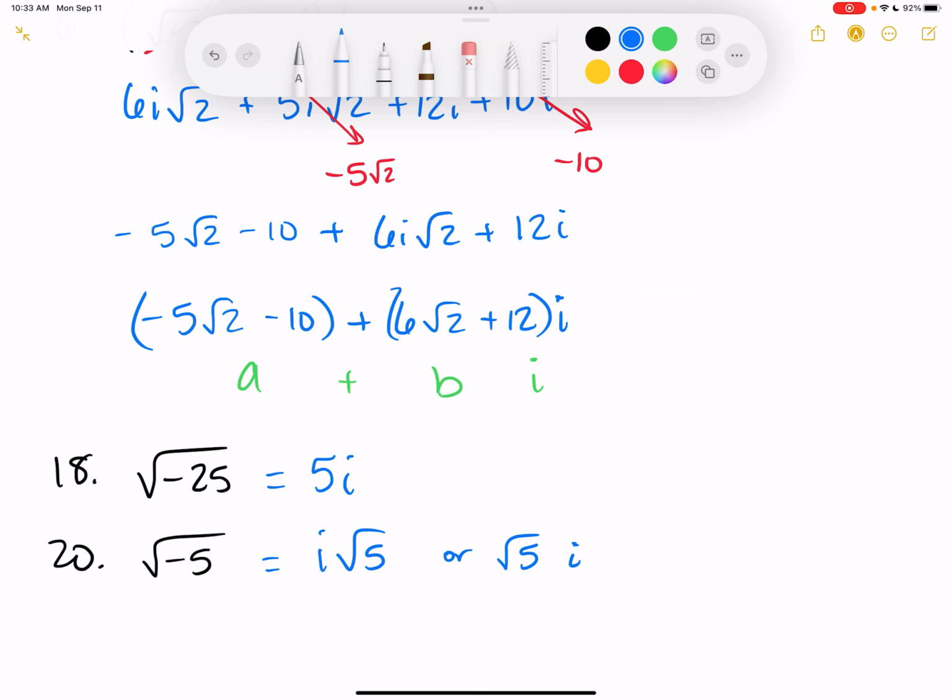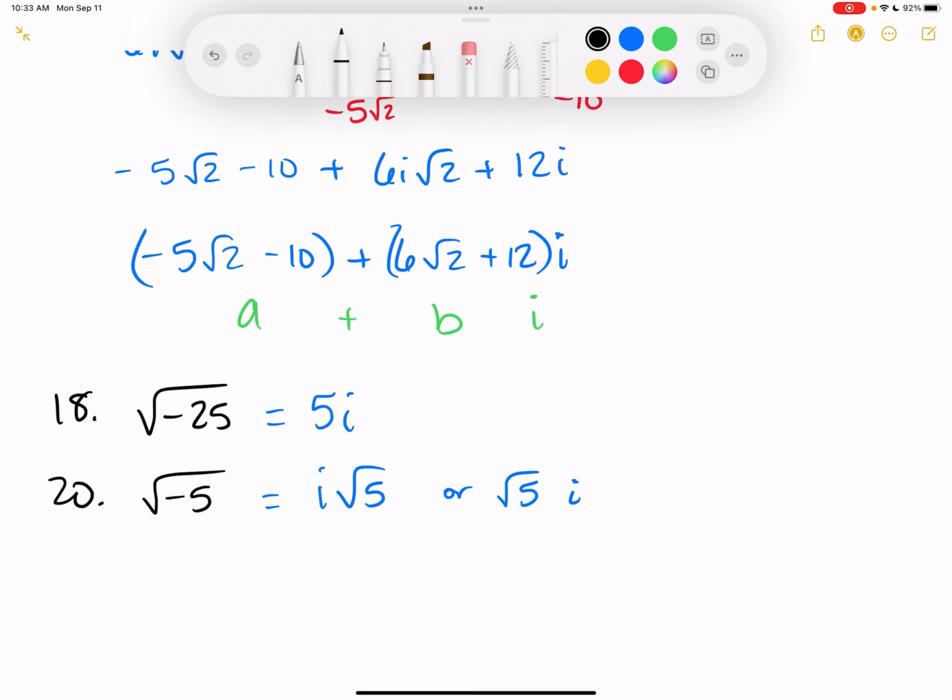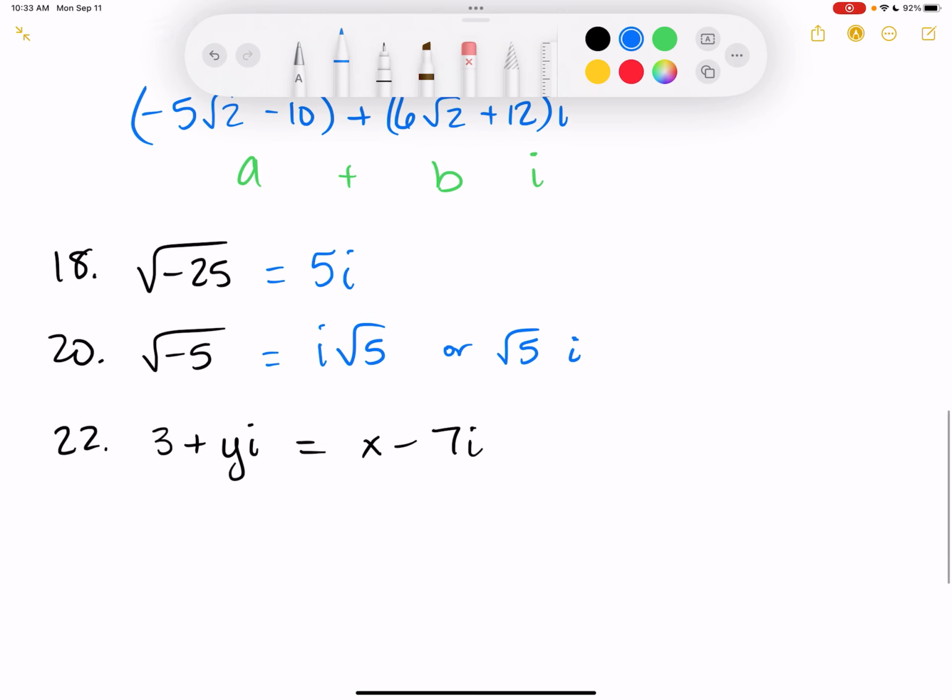Let's see. Find the real numbers x and y that make the equation true. So 3 plus yi is equal to x minus 7i. So basically, I'm just looking at this and saying what is x and what is y. So what is x?